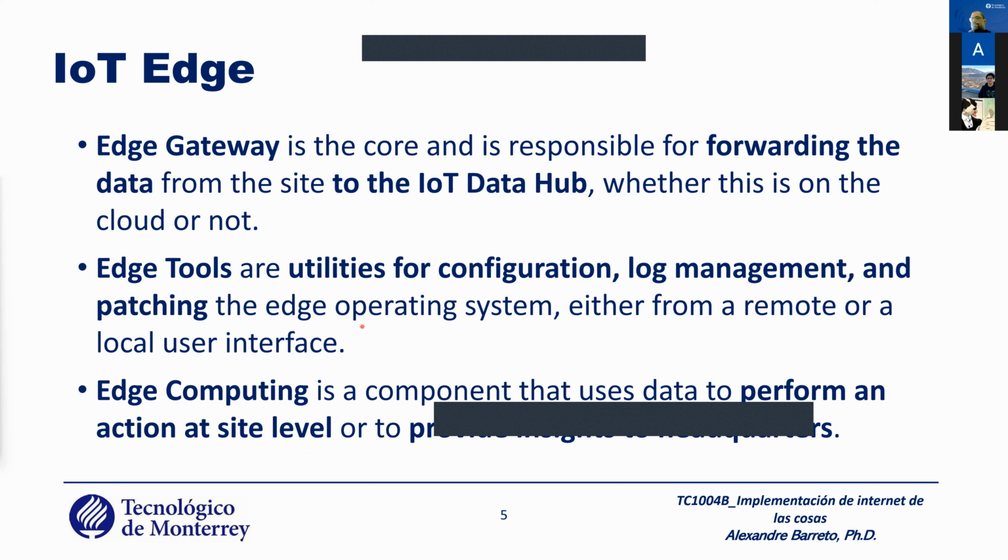You have one entry point, the IoT data hub, but it is located in the cloud. The edge is the device that forwards messages from the IoT device to this hub.